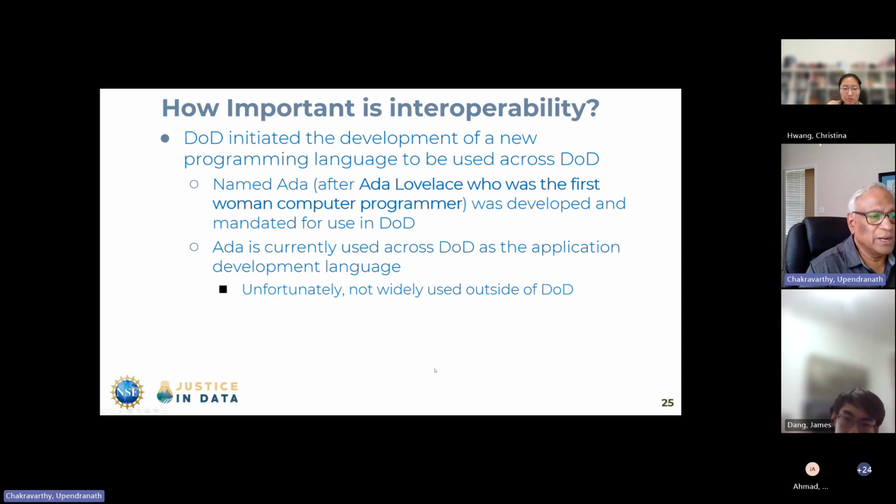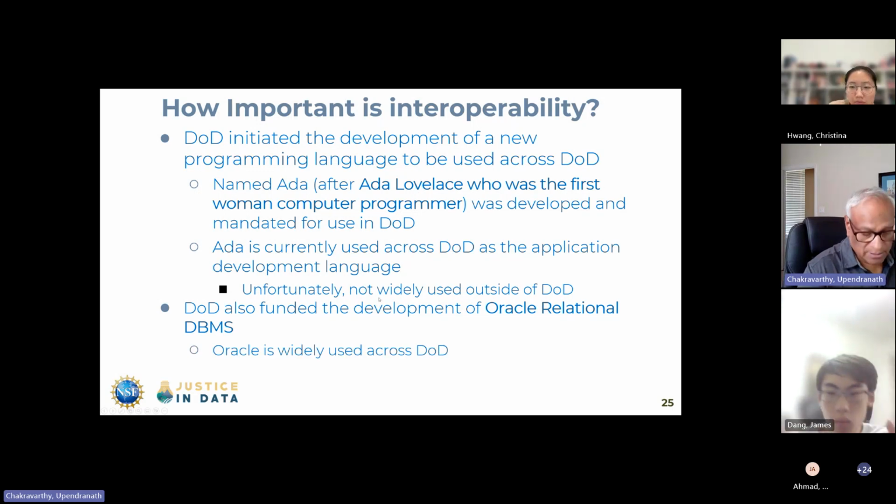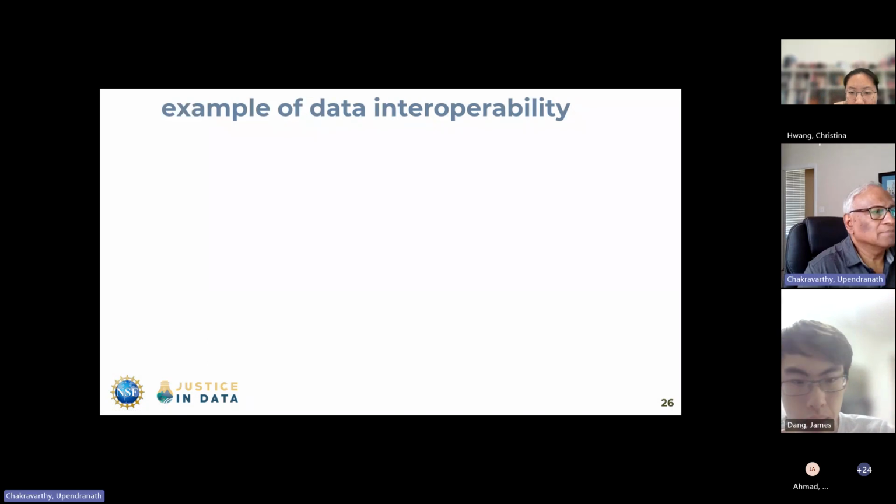Unfortunately, it's not very widely used outside of DoD. DoD also funded the development of Oracle. So you can see that the impetus for development of Ada was the interoperability issue that was bothering them, or that had become an obstacle.